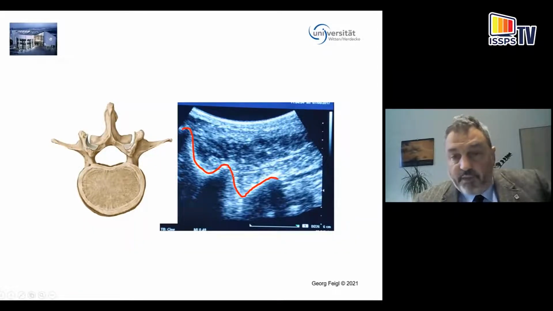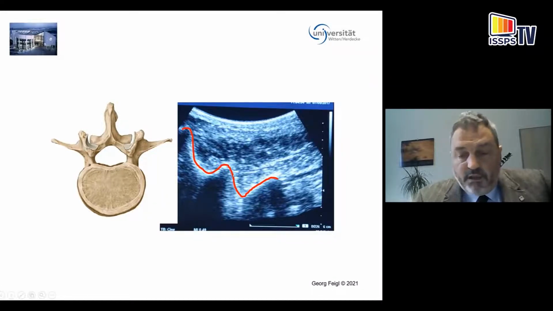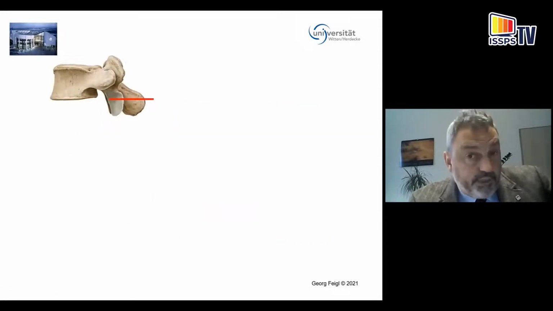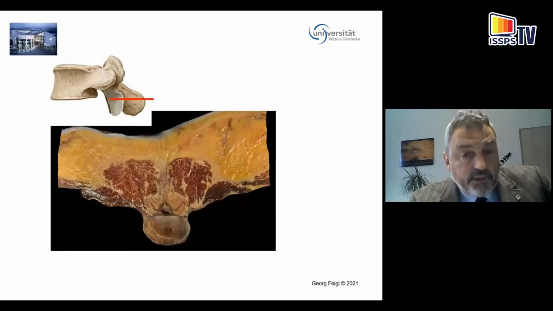So where would the medial branch be, in this case over here, so you can insert the needle to this flank where you find this branch. Is it visible? Unfortunately not.